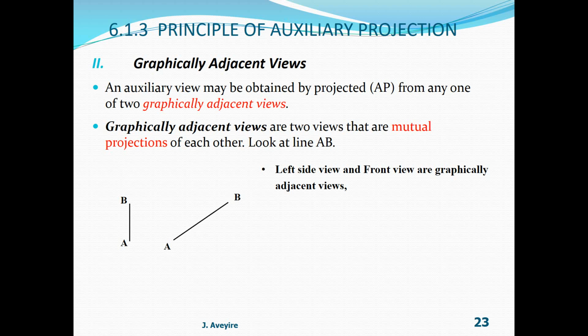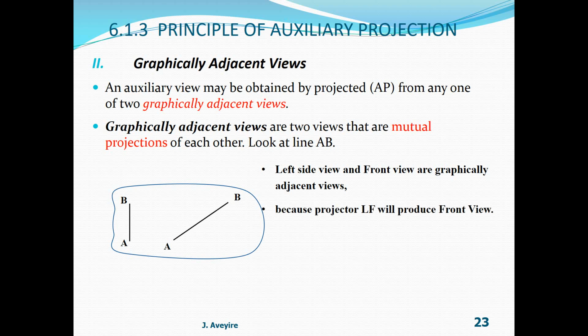The right side view and the front view are graphically adjacent views because projecting the right side view will produce the front view. Likewise, projecting the front view from the right must also yield the right side view on the left.